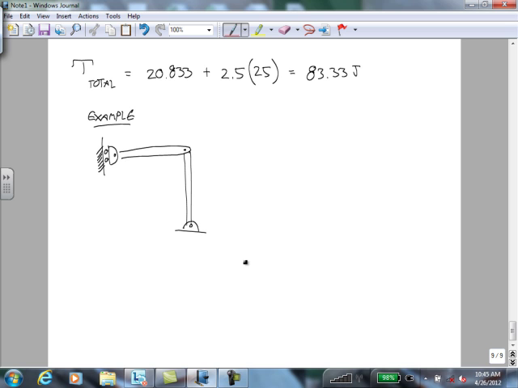Body 2. And let's say that the angular velocity of body 1 is 5 radians per second. And the masses of each body are 10 kilograms. The length of each member is 1 meter. And the question is, what's the total kinetic energy of the linkage?